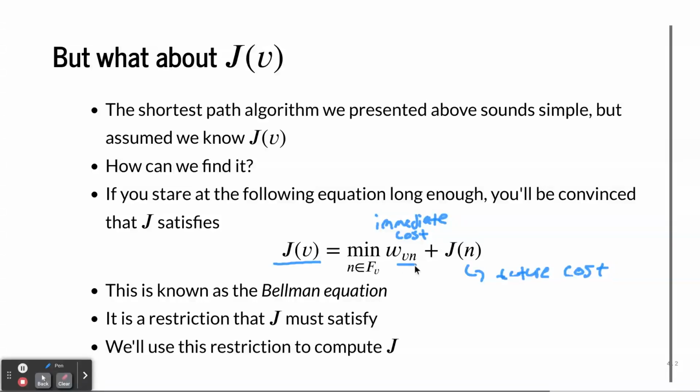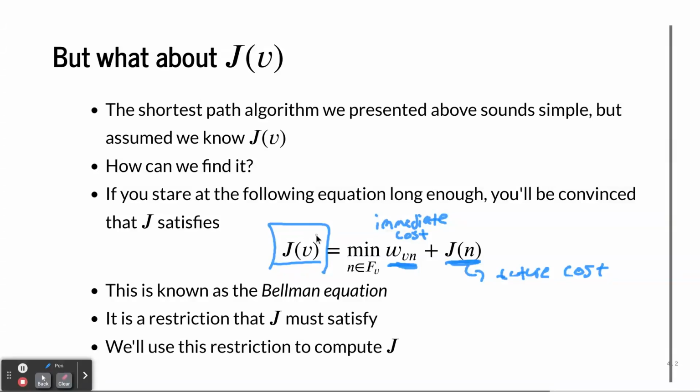And if we minimize both this immediate cost and kind of adding in the future cost, that will give us the minimum cost starting at v. I'll say that one more time in slightly different words. What J represents, J of v, is the minimum cost to go starting at node v. This must be equal to the minimum of the immediate cost for the very next edge we traverse, plus the cost to go from the destination of that edge.